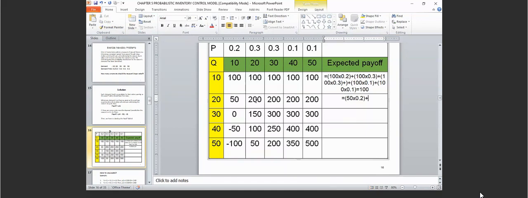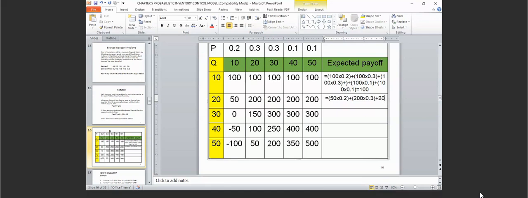So 200 multiply with the 0.3 plus also we have 200 ringgit of profit here.